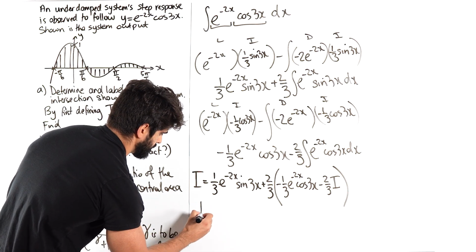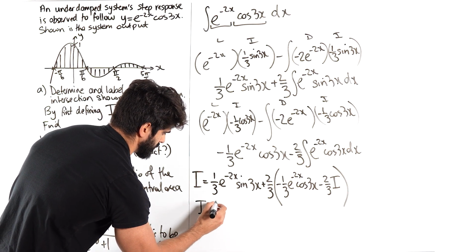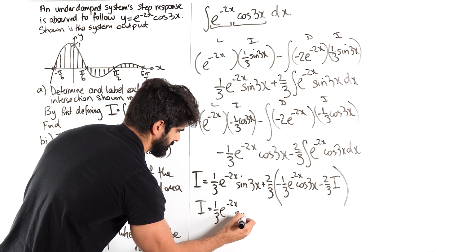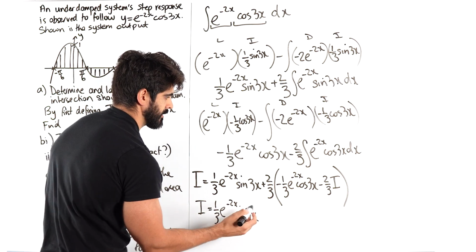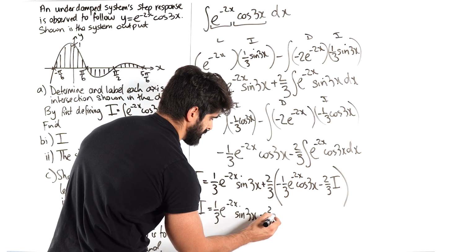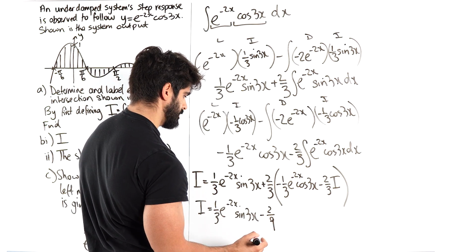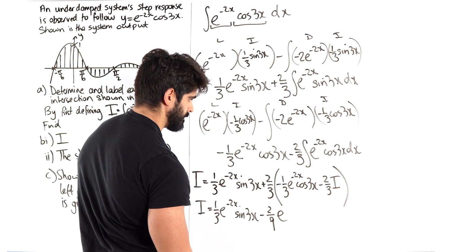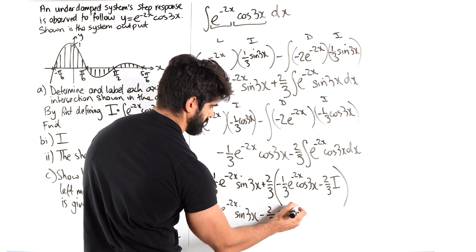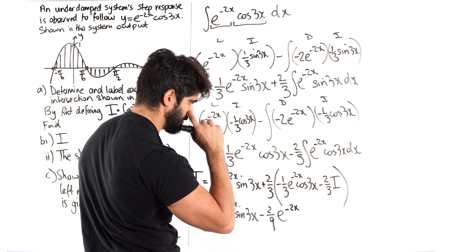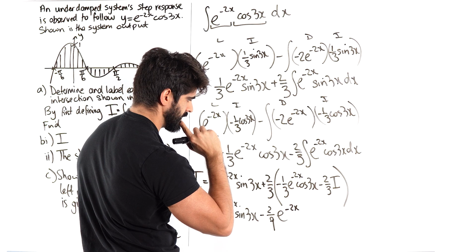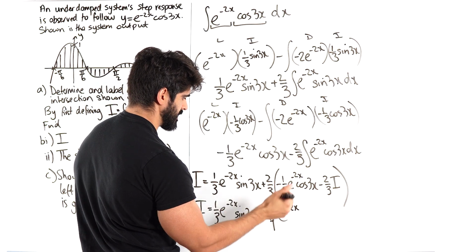So I is 1/3 e^(-2x) sin 3x minus 2/9 e^(-2x) cos 3x.